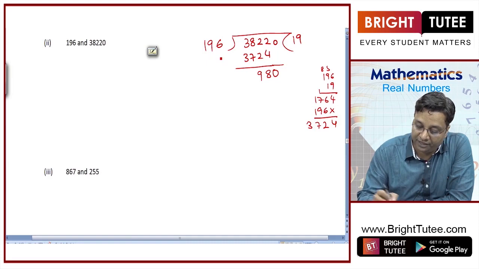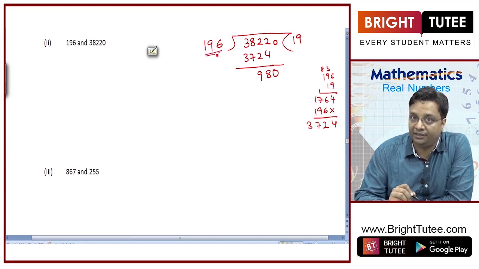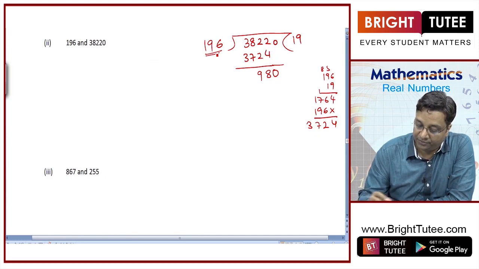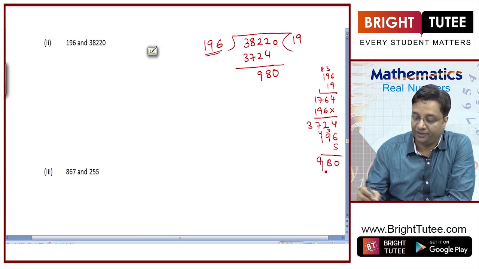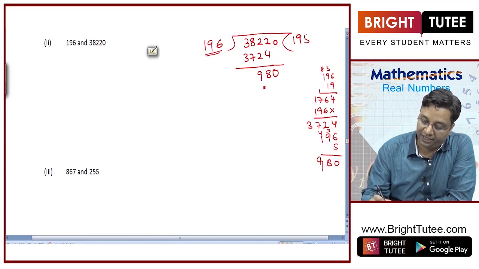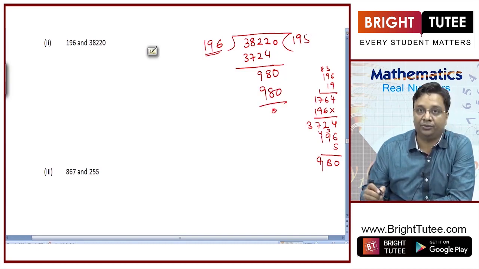Now I need to divide this 980 by 196, right? If I multiply 196 by 5, it will give me 980. So when I multiply this by 5, it gives me 980, and the remainder is 0.